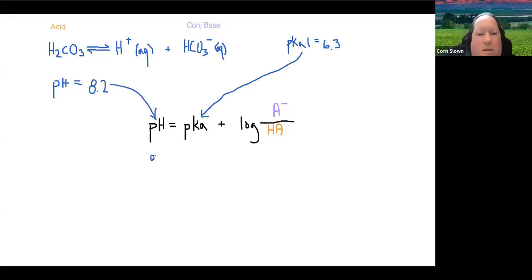So 8.2 is equal to 6.3 plus the log of A minus over HA, where I don't know what this ratio is. That's what I'm going to be solving for. So the first thing I'm going to do is subtract 6.3 from both sides.